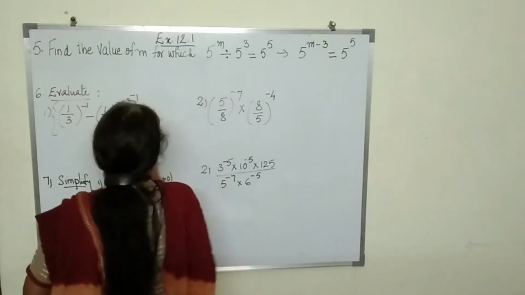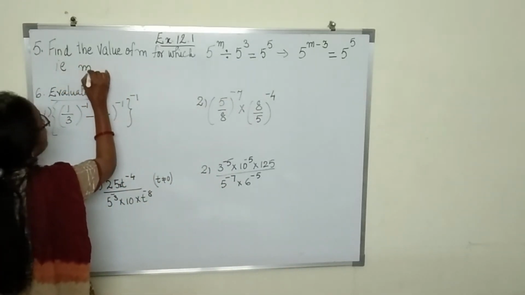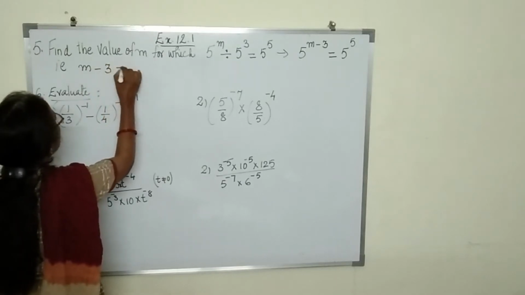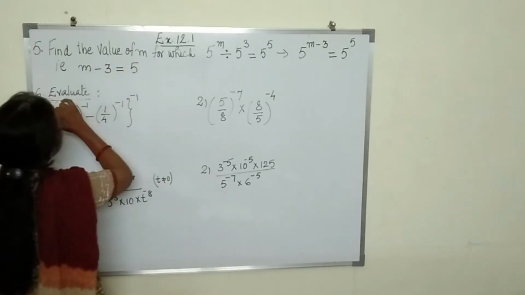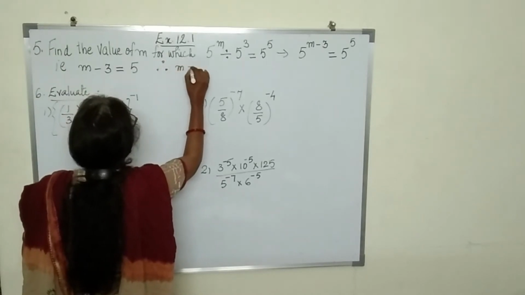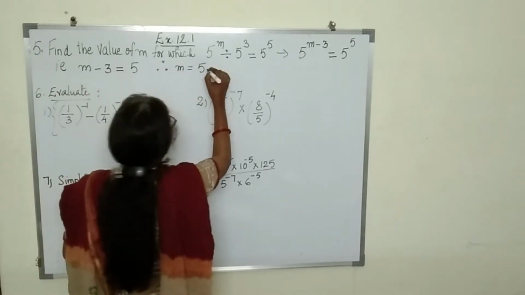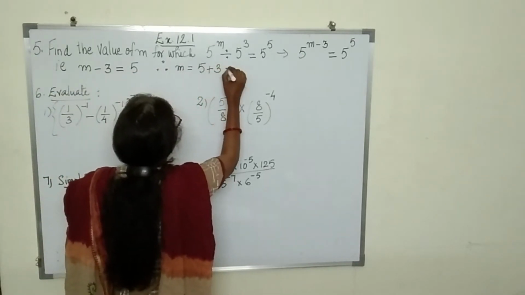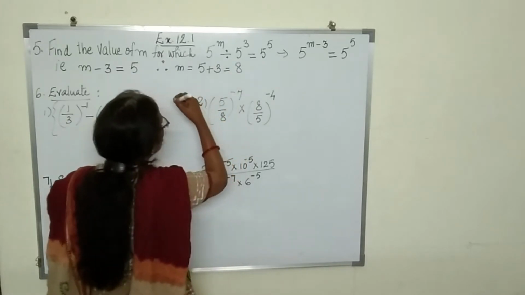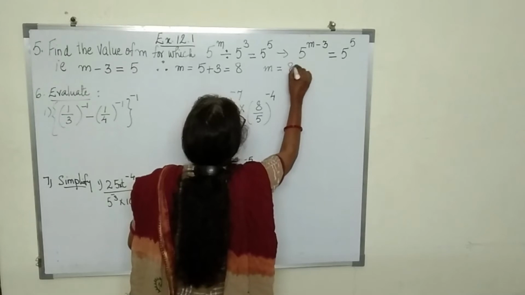That means m minus 3 is equal to 5. Therefore, when this 3 comes to this side, it will become plus 3. That is 8. So, the value of m is equal to 8.